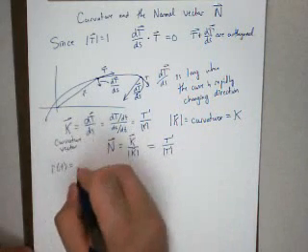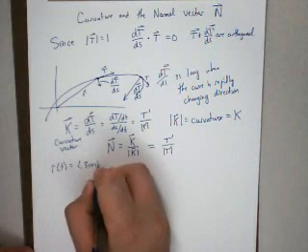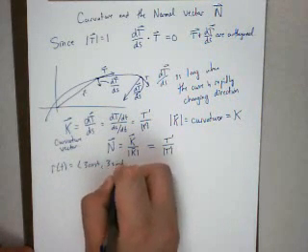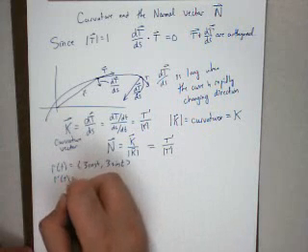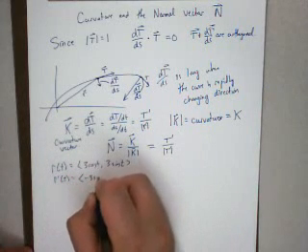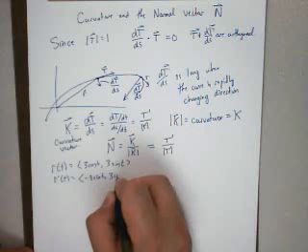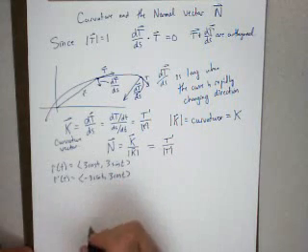We'll take r of t equals 3 cosine t, 3 sine t. So let's go with a circle of radius 3. Its derivative is negative 3 sine t, 3 cosine t.